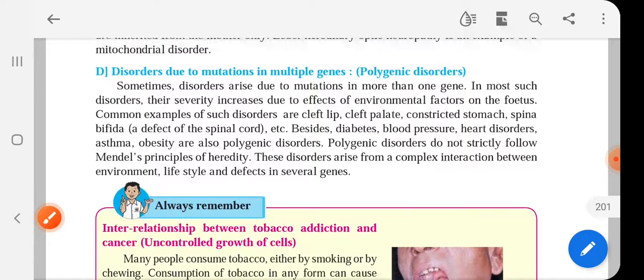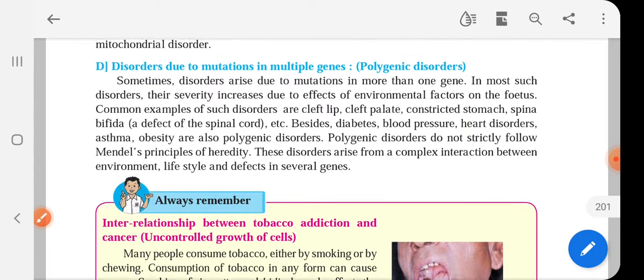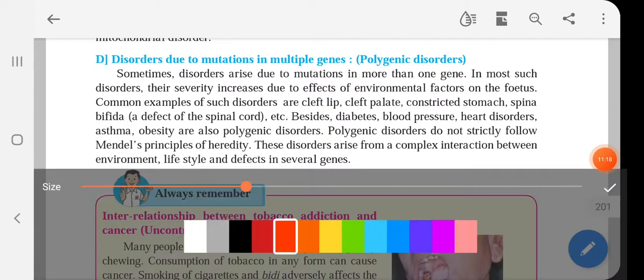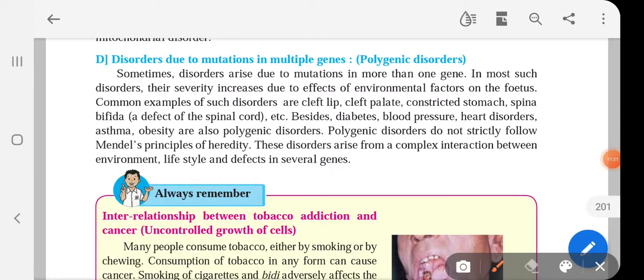Then there are disorders due to mutation in multiple genes, called polygenic disorders. Sometimes a disorder arises due to mutation, that is, a sudden change in more than one gene. In most such disorders, their severity increases due to effects of environmental factors on the fetus.